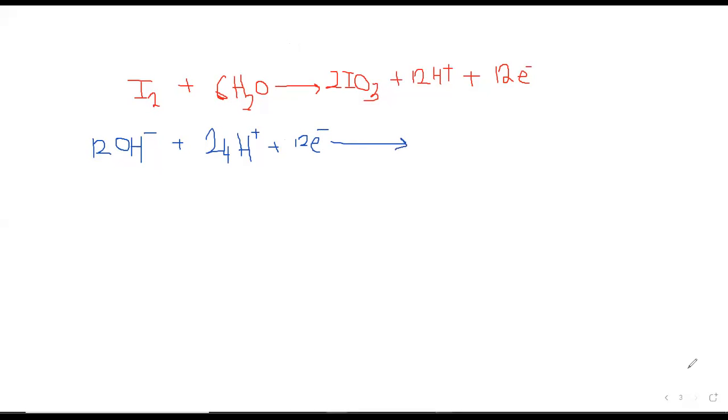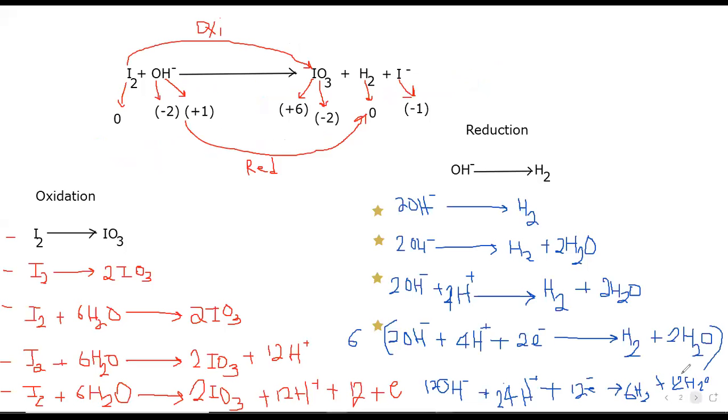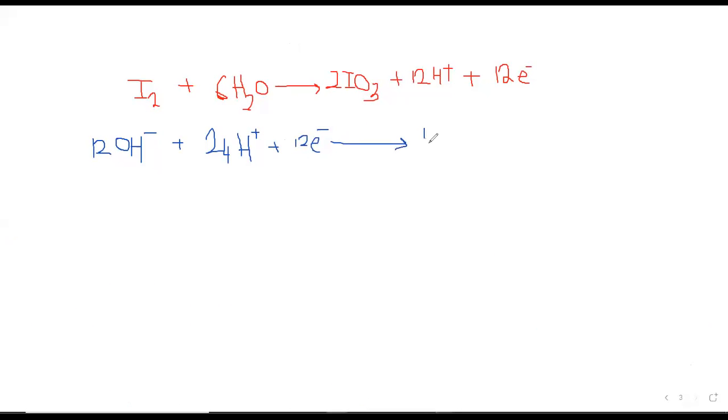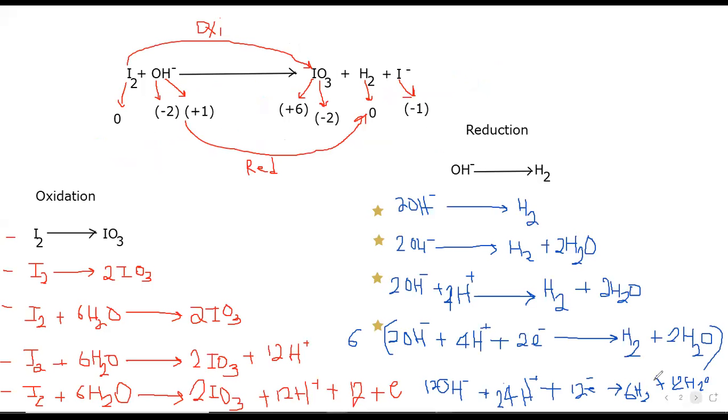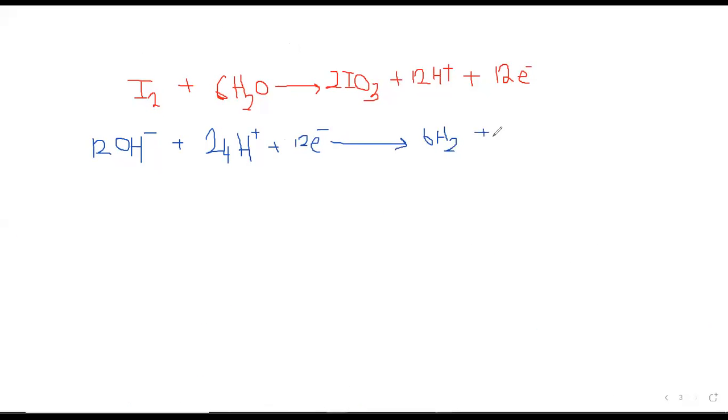Forwardly, we have 6 of those hydrogen molecules, like that. Then 12 molecules of water. Like so, like that.